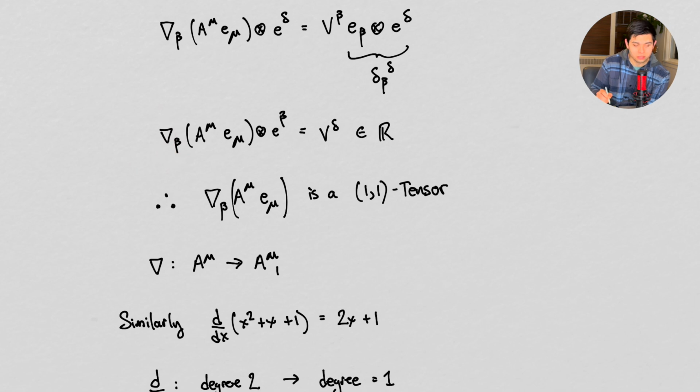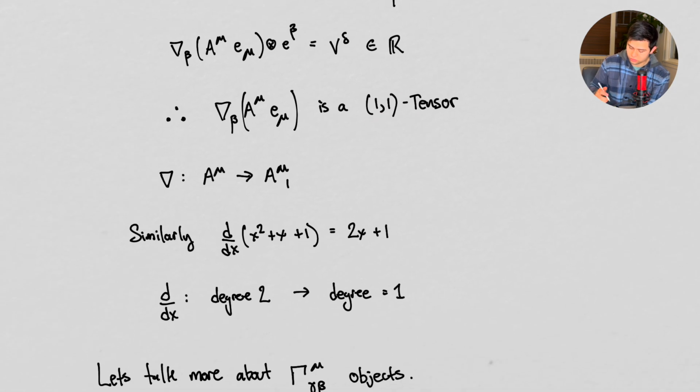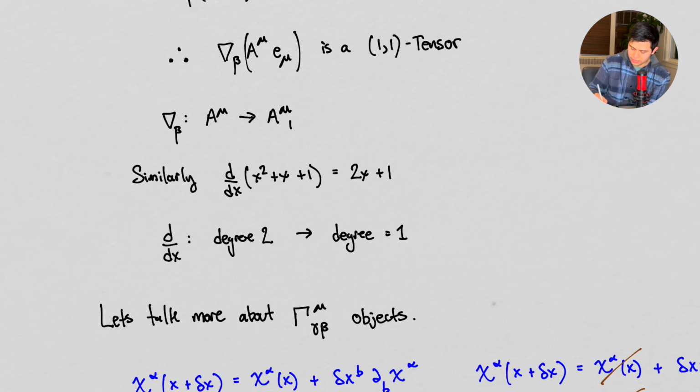So when we take the covariant derivative of some vector, we actually get a 1-1 tensor. So this actually increases the rank, the covariant part of the rank of a tensor, right? This object here took us from a vector to a 1-1 tensor, okay?